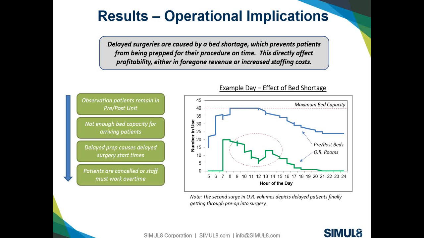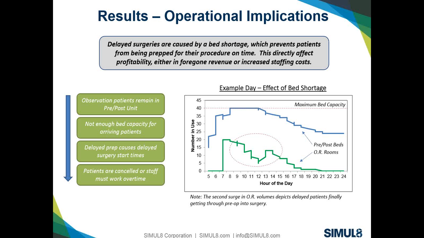And then at about 8:30, I run out of beds. And so I've got all of these patients coming in, and I don't have any beds left to give to the next patient coming in to be prepped. And so what you see, that flat line up on the top, that's when I'm at full capacity.